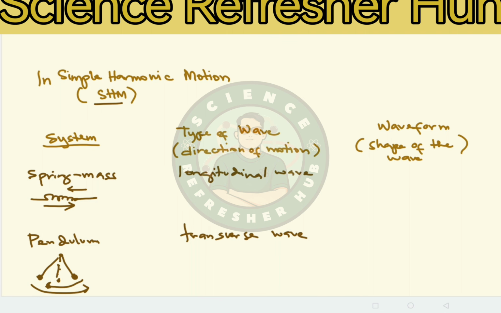While our spring mass moves back and forth, it's a longitudinal wave, another type of wave where particles move parallel to the direction, just like sound energy, for example. These two systems, the spring mass and the pendulum, have different types of wave in terms of the direction of motion of the particles relative to the direction of the wave motion, longitudinal or transverse.